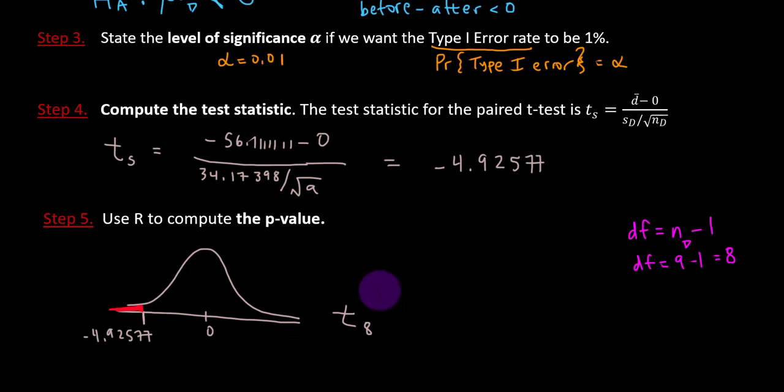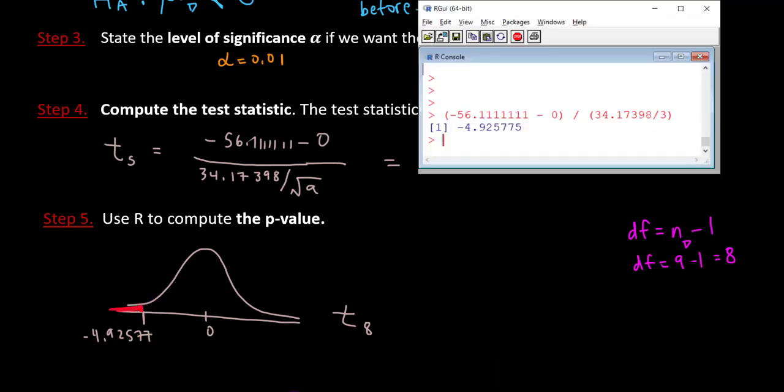So how are we going to type that into R? We want probability. We do not know it. So in R, we need to use pt. I need the probability to the left of negative 4.9257775.